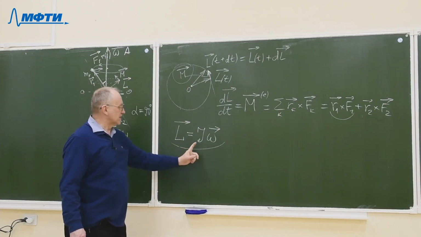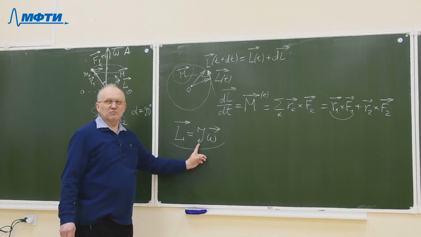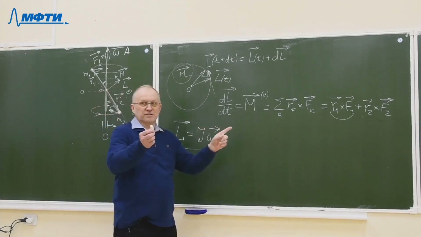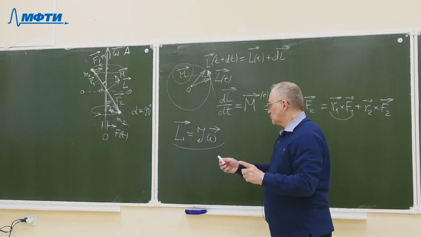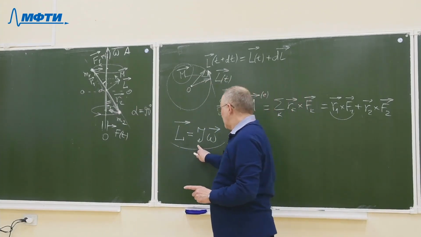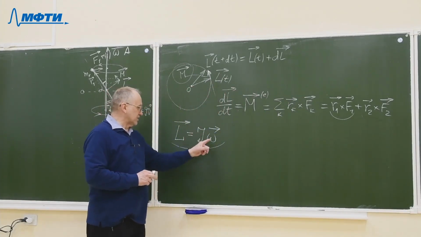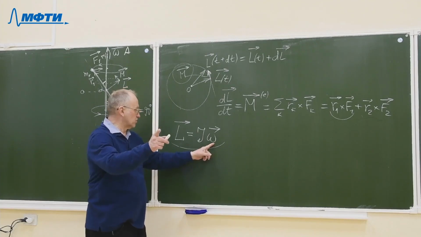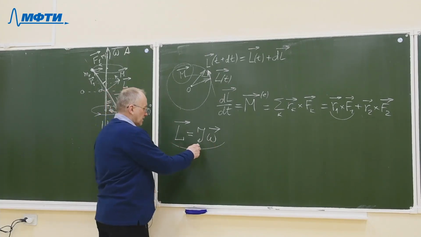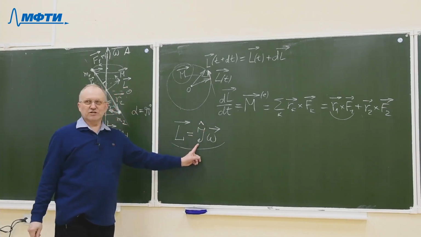But what should be understood under this quantity moment of inertia if these two vectors are not parallel? They look in different directions. What should be I, moment of inertia? What quantity should act on the first vector in order to obtain some other vector directed differently? In general case, that should be a matrix. In general case.